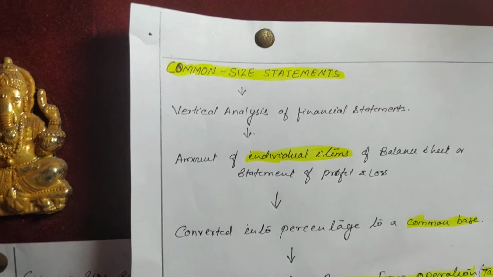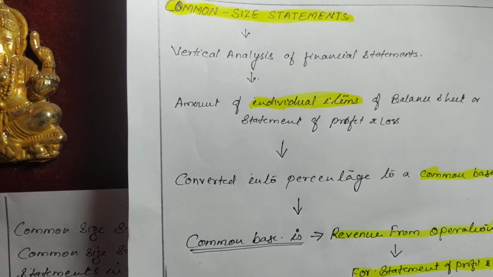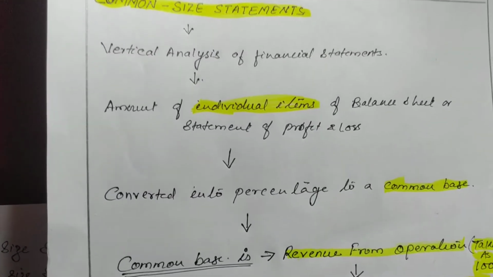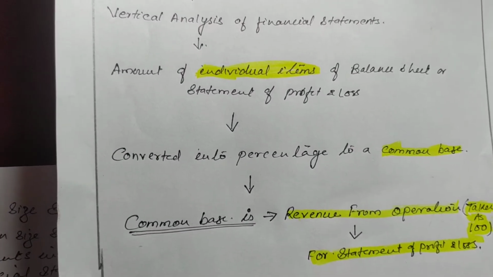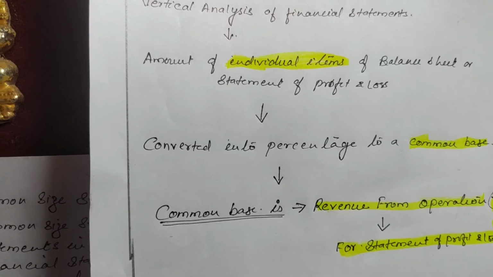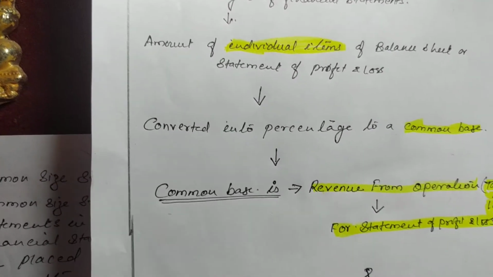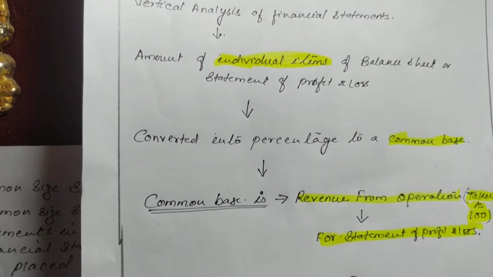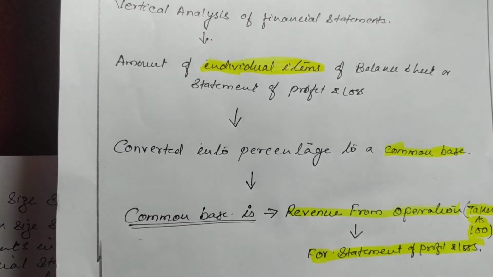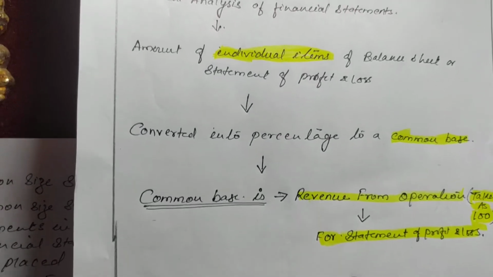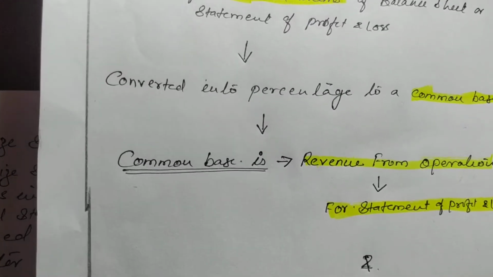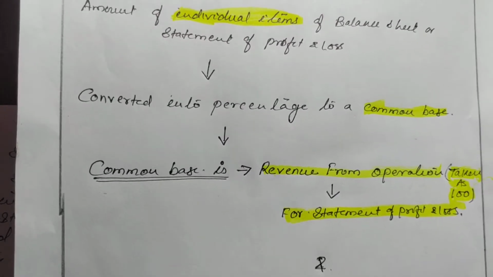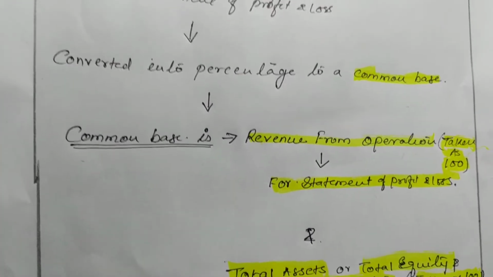Common size statement means a statement in which individual items of the balance sheet or profit and loss statement of two or more years are placed side by side and thereafter converted into percentage, taking a common base.